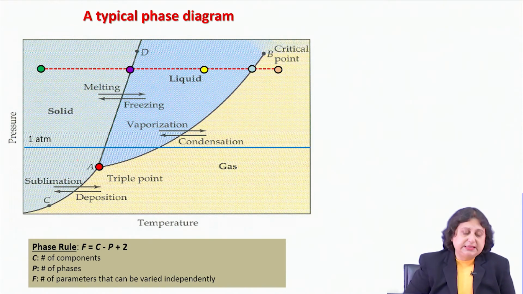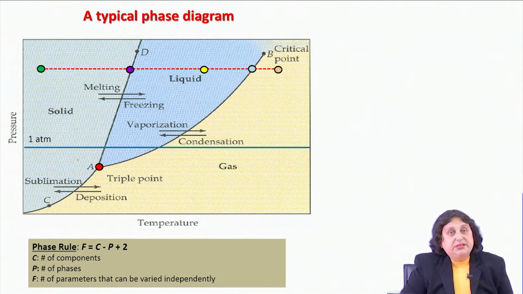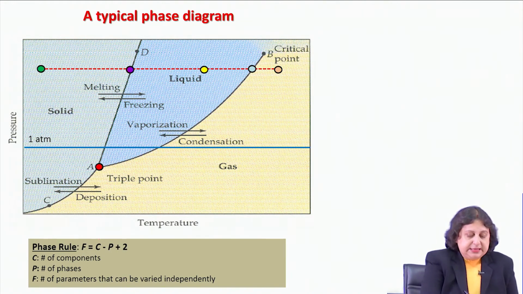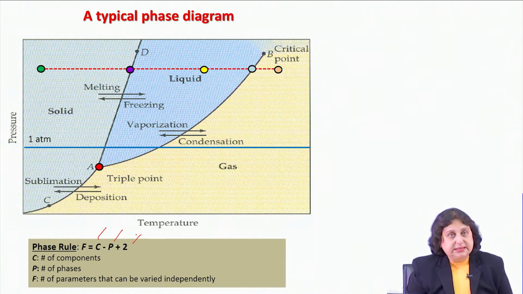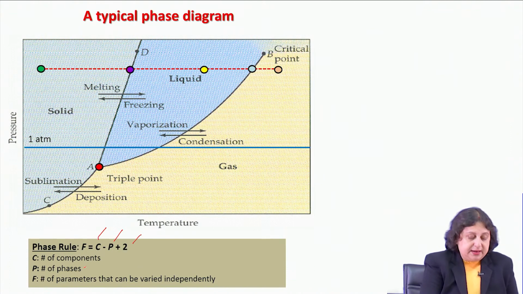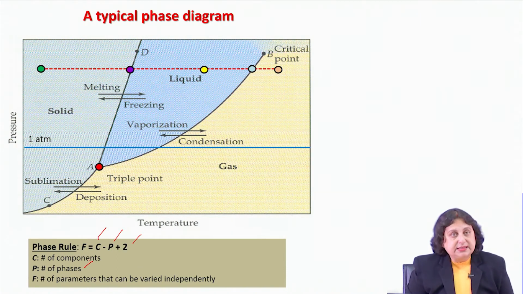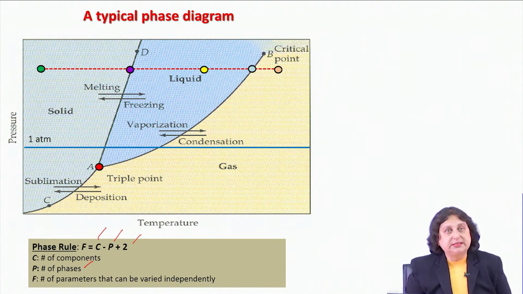And the phase rule says that the number of degrees of freedom with respect to drawing of the phase diagram is given by F = C - P + 2. So what is C? C is the number of components present in the system. What is P? The number of phases present in the system. And F is the number of parameters that can be varied independently to describe the equilibrium state of the system.